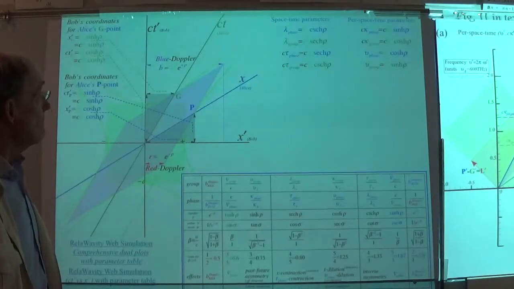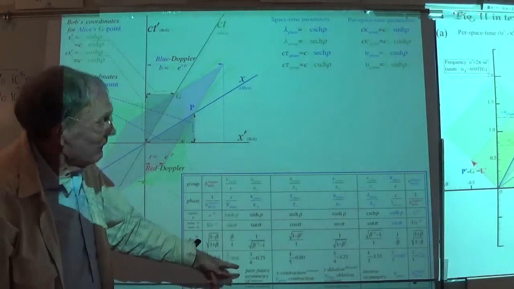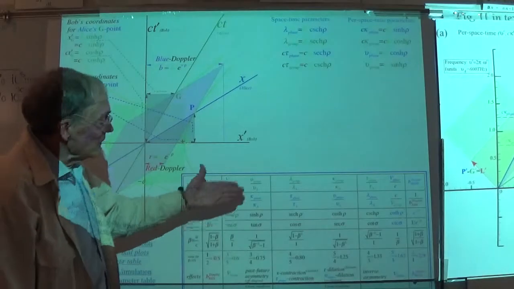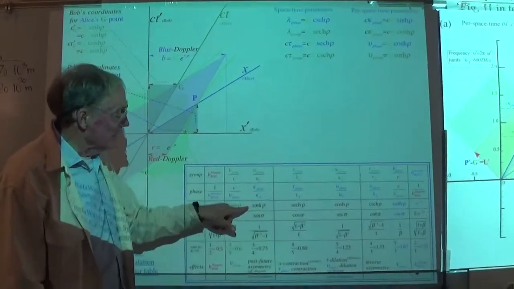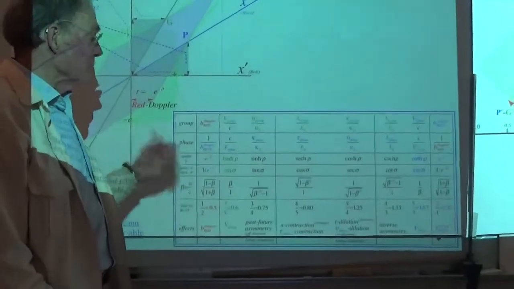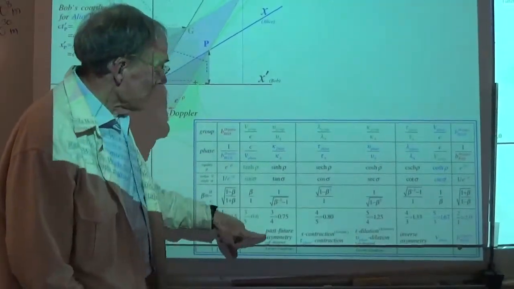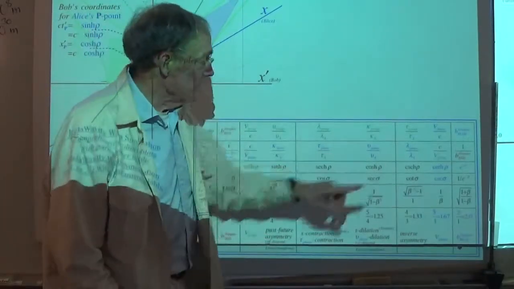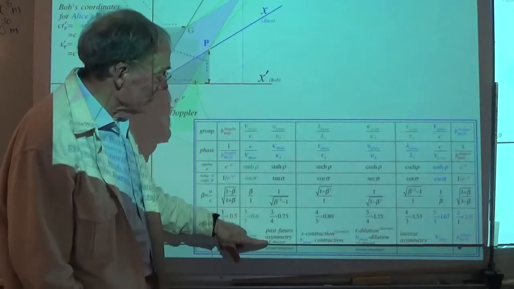That's cool. And then here I'm making a list of what we know about these functions so far. The hyperbolic sine, which later we're going to call the tangent of sigma, but right now we're just doing hyperbolics. This one is a past-future asymmetry.